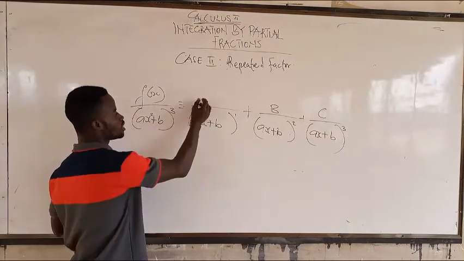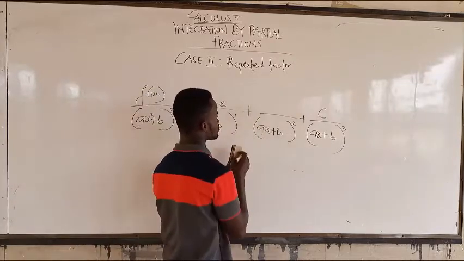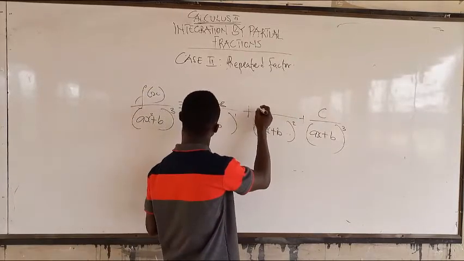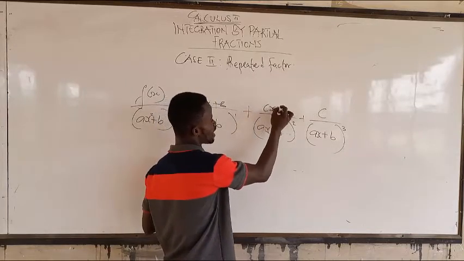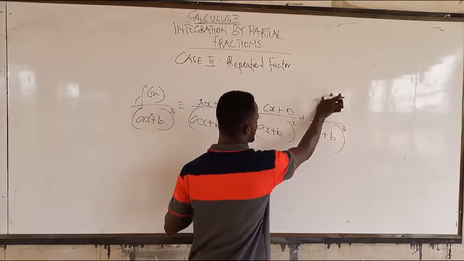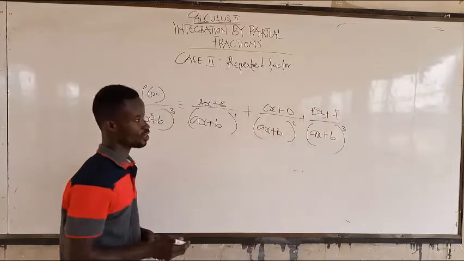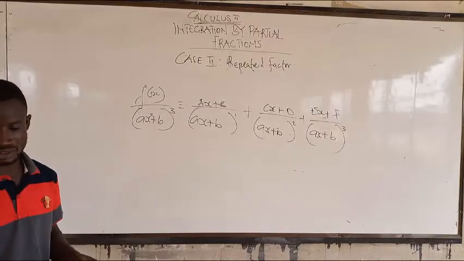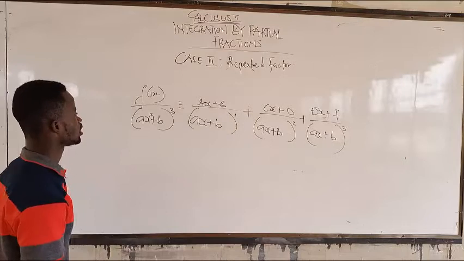So this will be ax plus b, this will be cx plus d, then ex plus f. That is how that is also going to be. Very good.